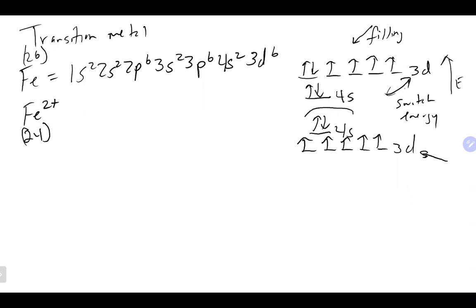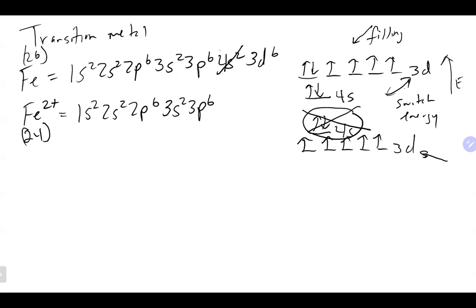So it will lose the s electrons first when a transition metal loses electrons. And that means that the correct configuration here would be 1s2, 2s2, 2p6, 3s2, 3p6, and 4s2 would be lost, and we would be left with 3d6, or argon 3d6 in this particular case.